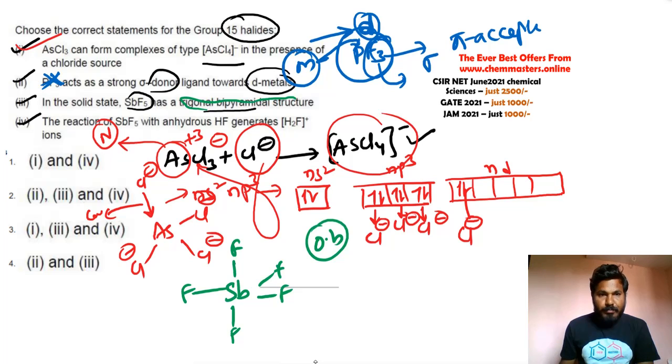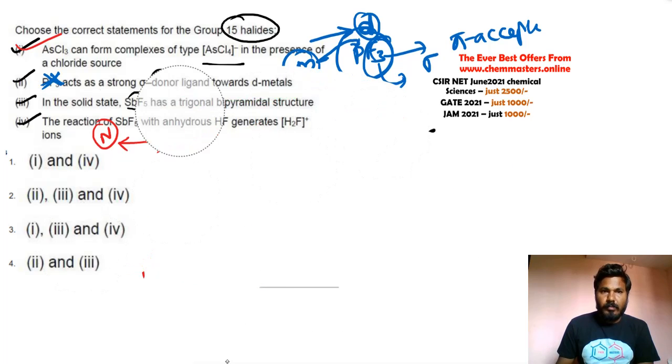You can observe it by just taking the structure here. Okay, just wait. So antimony, and just draw all the fluorines here.